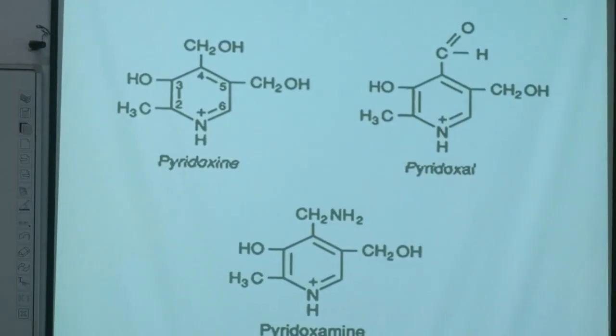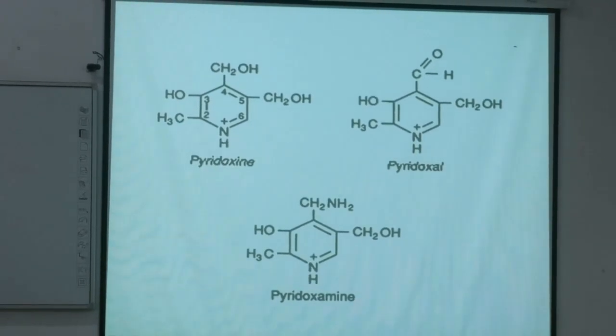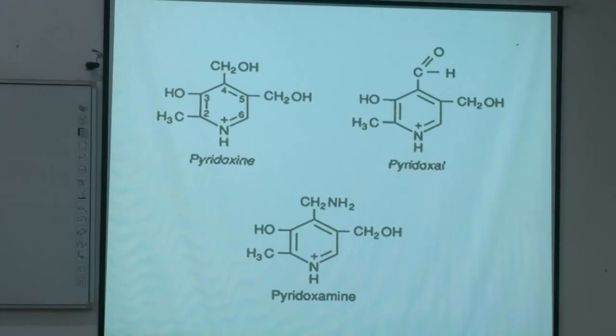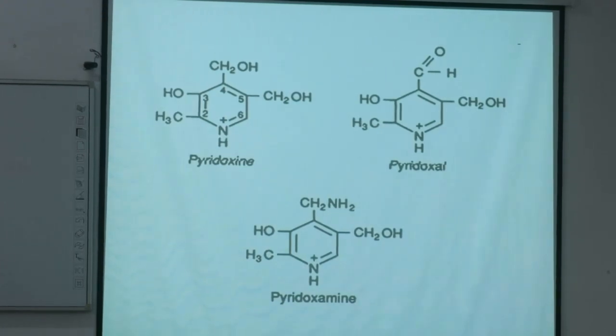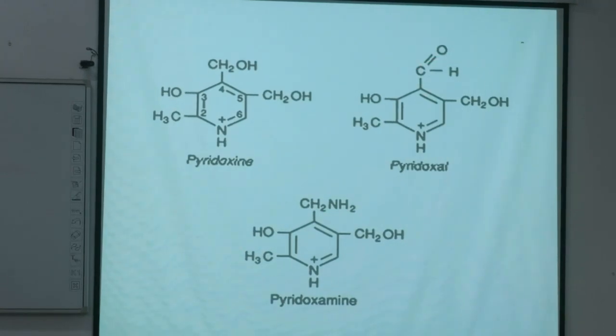It is found in 3 different forms. Pyridoxine is found in 3 different forms: pyridoxine, pyridoxal, pyridoxamine. One is alcohol, aldehyde, amine.